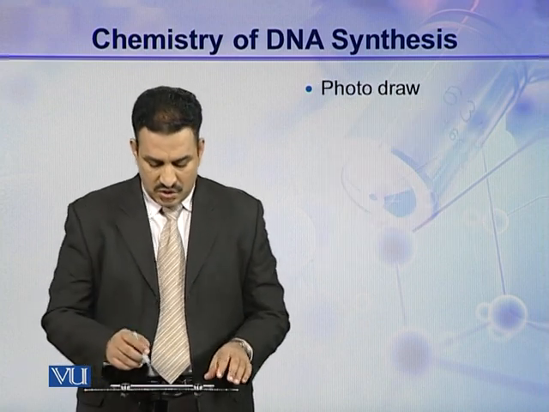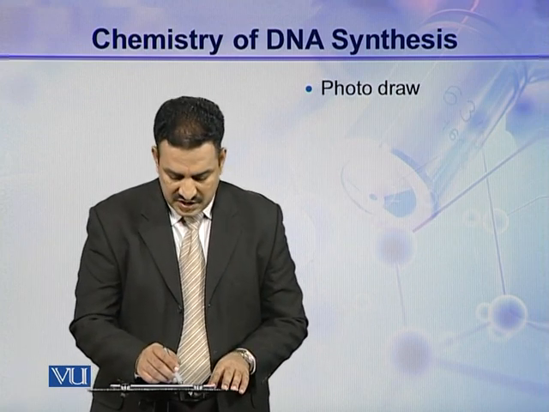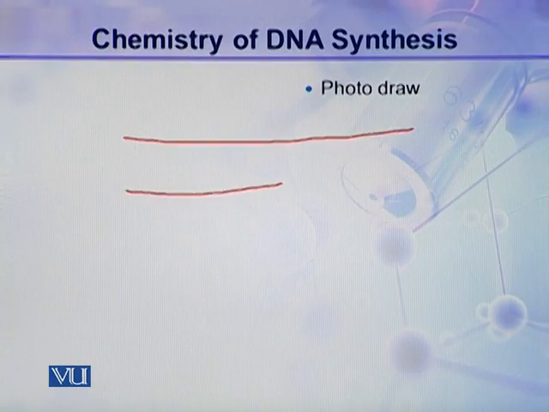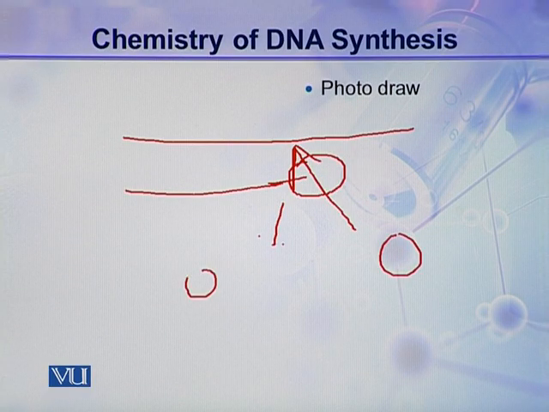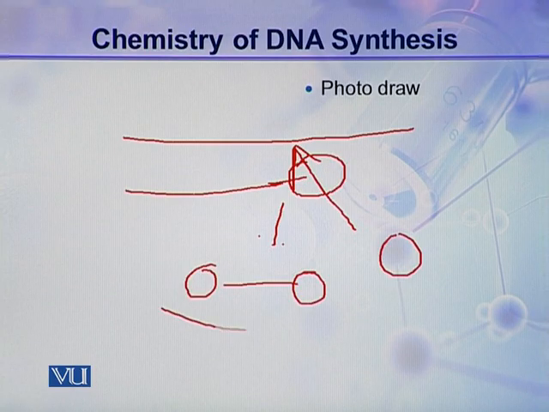So as you can see, this is a primer template junction, and when a nucleotide triphosphate comes here, it is added to the 3' side of the primer, and the two phosphates are released as a pyrophosphate. This whole molecule is pyrophosphate.